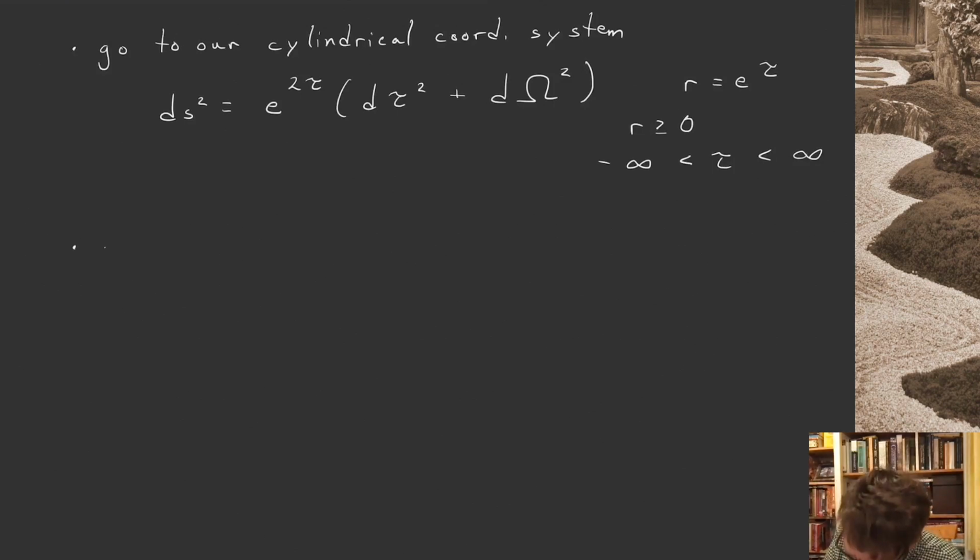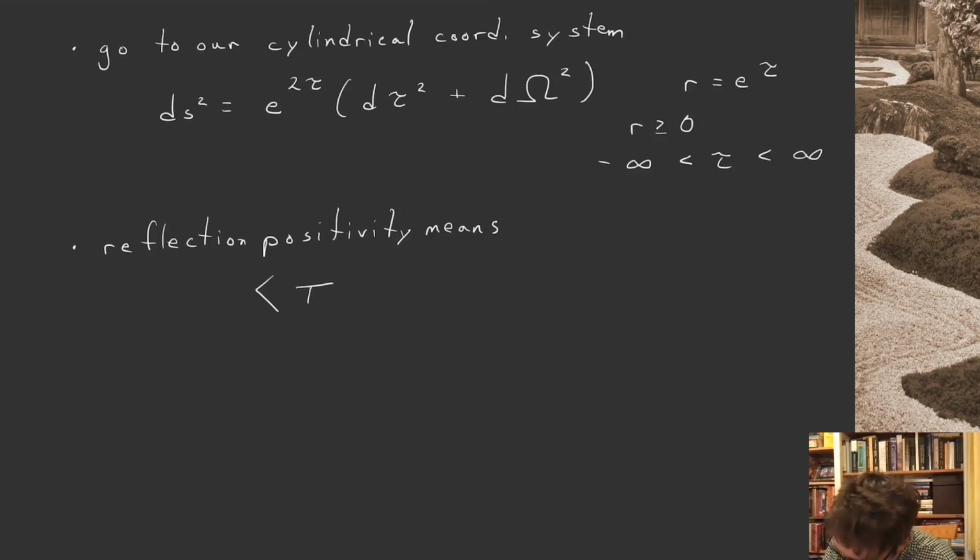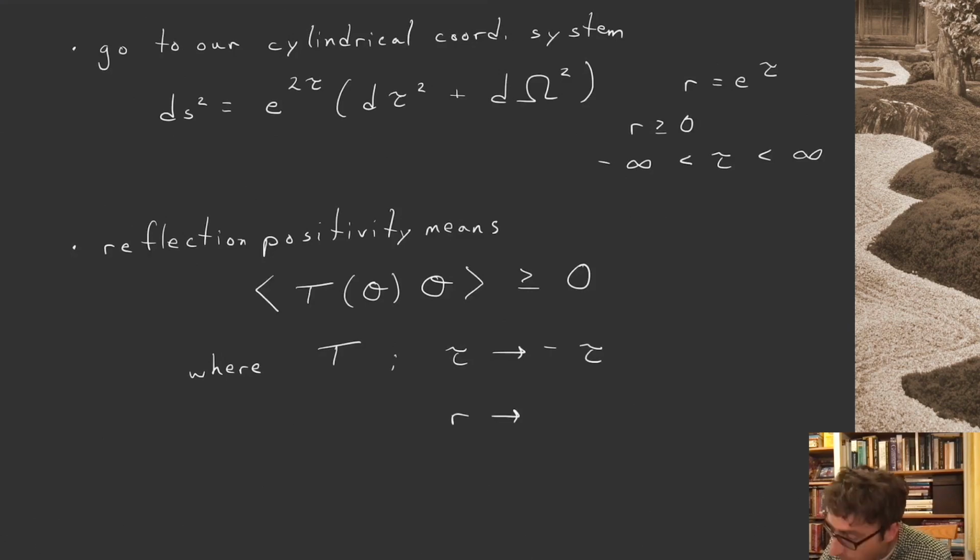So what does reflection positivity mean after the special conformal transformation, when I've transformed my plane to a sphere? Reflection positivity means that a kind of time reflection of my operator O with O has to be greater than or equal to 0, where the operation T sends tau to minus tau, or equivalently r to 1 over r.